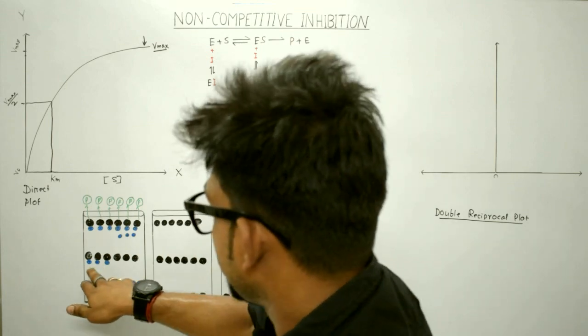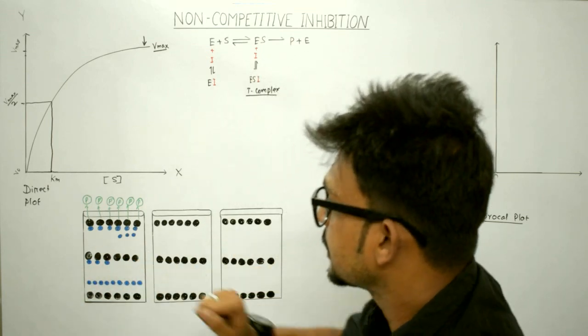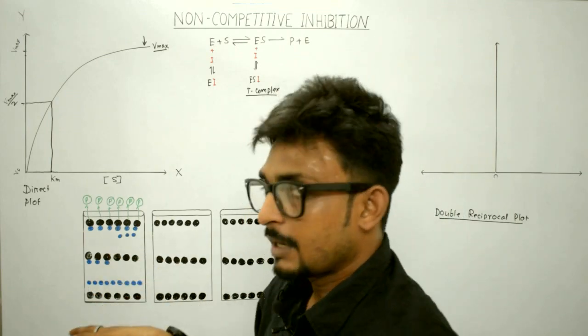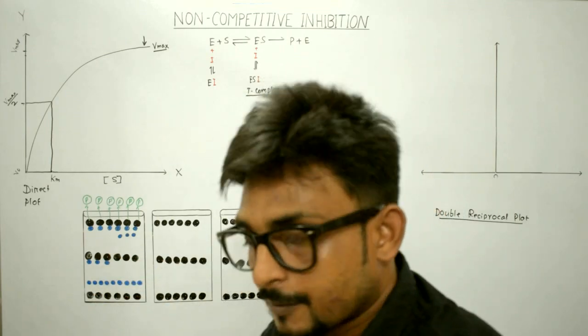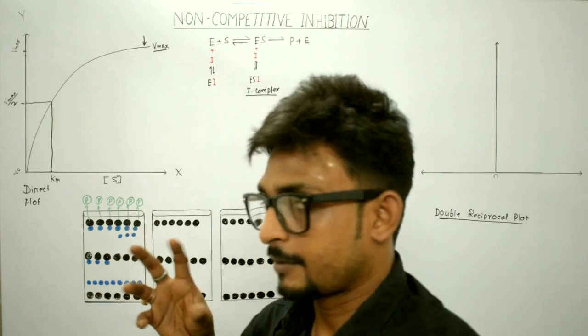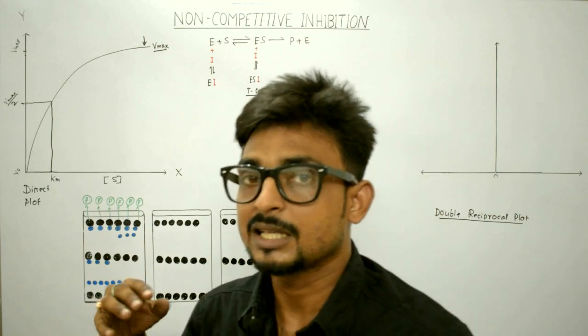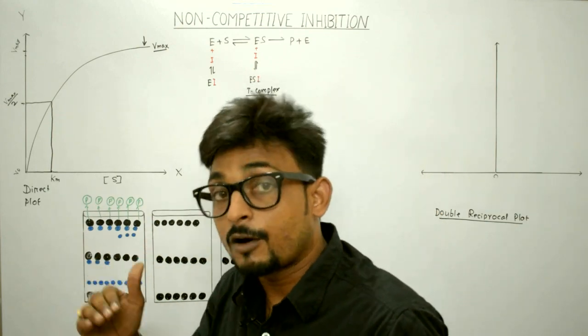Now you can see by looking at the middle stage here, out of 6 enzymes, only 3 enzymes are saturated with the substrate. So these 3 substrates are the concentration of the substrate where the reaction has reached half of its maximum velocity.